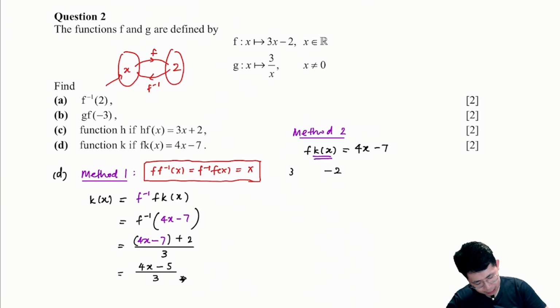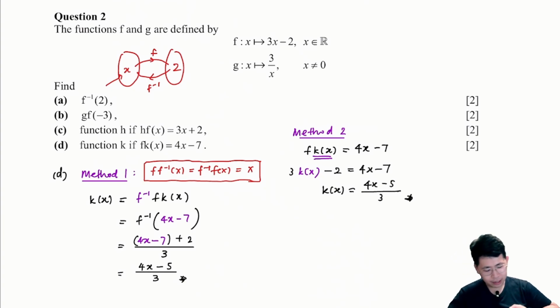So substituting k(x) into this expression, I get 3k(x) minus 2 equals 4x minus 7. Making k(x) the subject, I get (4x minus 5) divided by 3. So I get back the same expression for k(x).